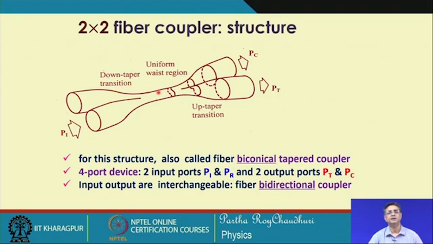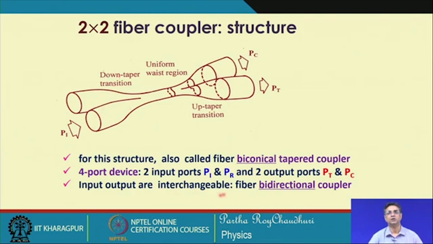The idea is that when the dimension of the individual fibers is reduced, the core radius becomes very small, and proportionately the cladding also becomes small. So, it sees a common cladding where the field flares out more and hits the second waveguide. As a result, there is an optical interaction, and light launched into one of the fibers will be available in both the fibers. So, it behaves as a beam splitter normally.